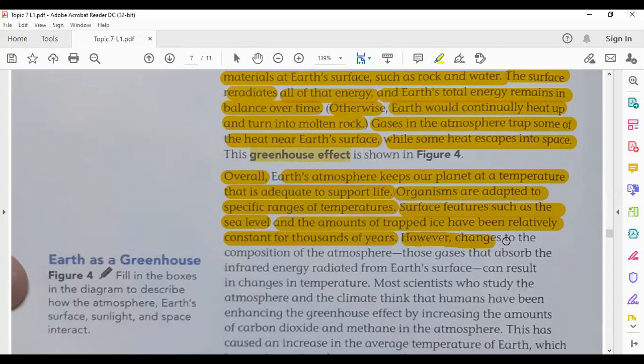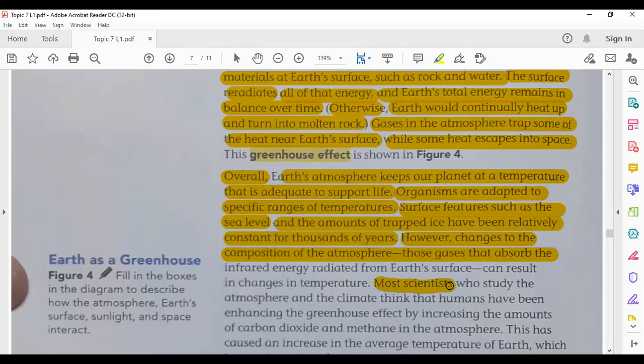However, changes to the composition of the atmosphere, those gases that absorb the infrared energy radiated from Earth's surface, can result in changes in the temperature. These gases trap heat.